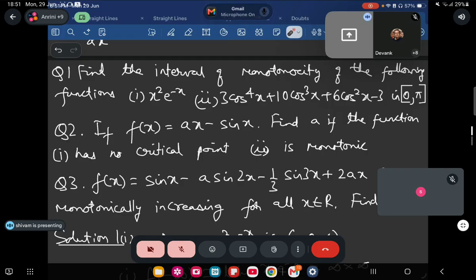Yeah, Devang, you're making some mistake in number 3. Sarthak, you're making some mistakes. Differentiate, you'll get the result. After differentiating, put it greater than or equal to 0, and then you find out the interval. You'll get a trigonometric equation.